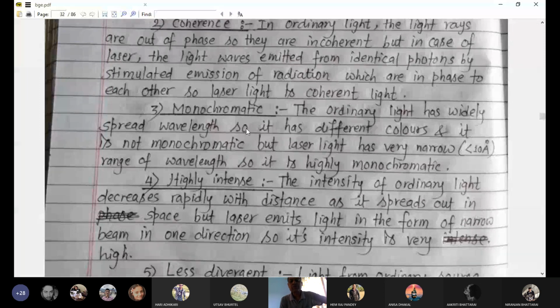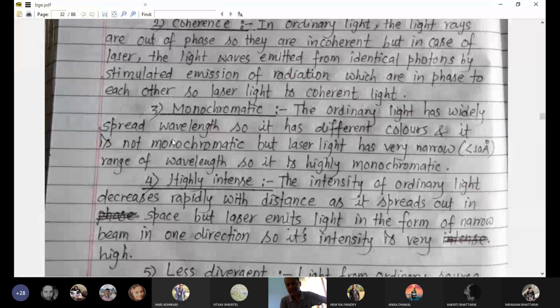And the third one is monochromatic. Mono means single, chromatic means color. You can say laser light is approximately monochromatic, but ordinary light is not monochromatic, because ordinary light has widely spread wavelength. The ordinary light has 7 colors, violet to red. Violet color has the minimum wavelength, 4000 angstrom, but red color has the maximum wavelength, approximately 7500 angstrom.